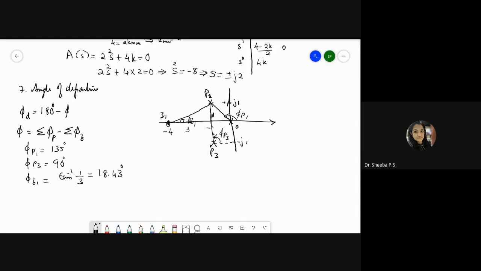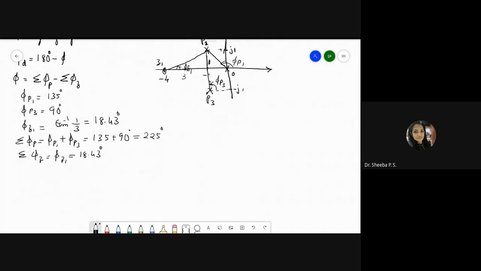Sigma phi p is phi p1 plus phi p3, that is 135 plus 90 degrees, which is 225 degrees. Sigma phi z, since there is only one zero, is just phi z1, that is 18.43 degrees.